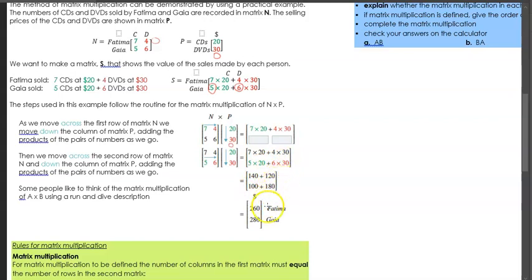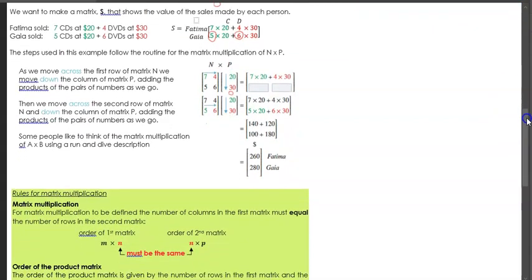When you add these two together, what you get are the results of how much Fatima and Gaia have received money-wise, respectively. So this is the best way to present this type of context, and more specifically the process of matrix multiplication. It can get tricky in regards to where to apply the approach, what you need to do.